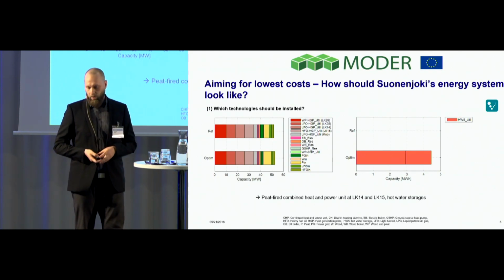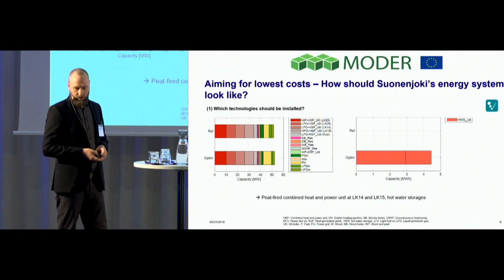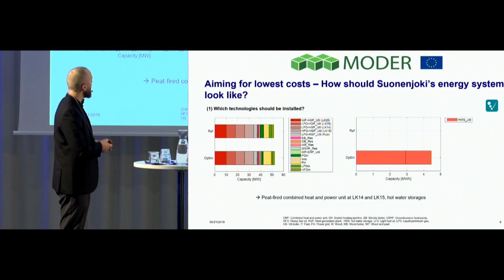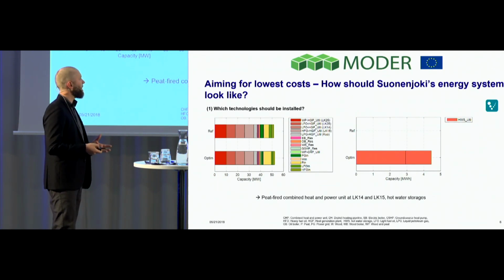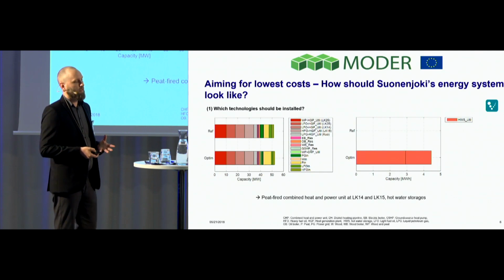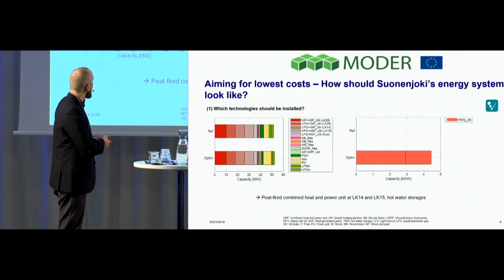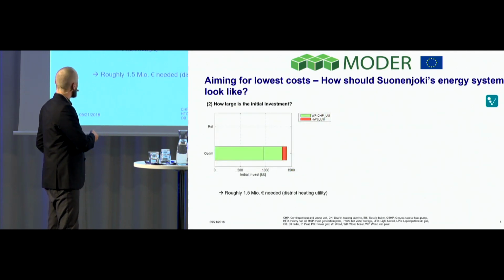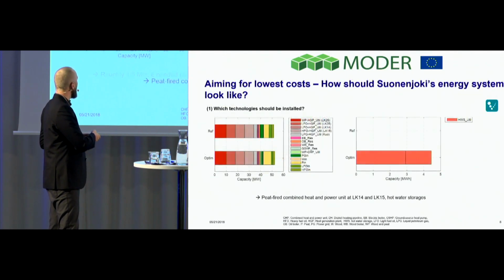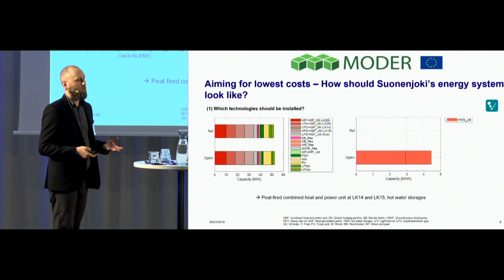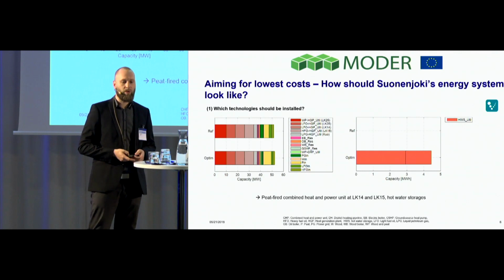And the first optimization looked like this. The only rule from the optimization point of view was that we want a cost optimal solution. And this is the reference case. So this reflects the situation at the moment in Suonenjoki.